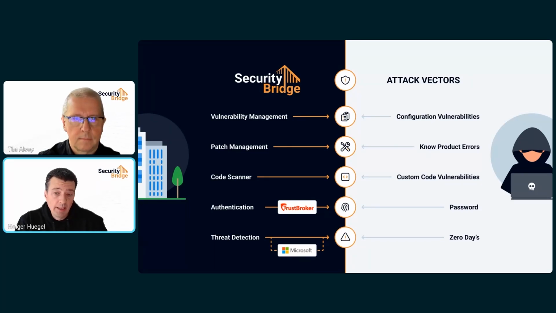You also typically need to take care about vulnerabilities in your own code, in the custom code. And for that, we have the code scanner or the code vulnerability analyzer to help you finding those vulnerabilities and mitigating them accordingly. This is the third module here.